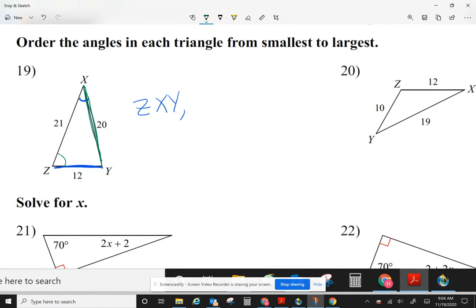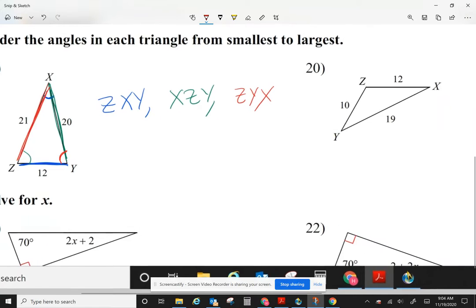So my medium angle will be XZY. Now my biggest side is 21. That means my biggest angle is ZYX. My biggest angle is ZYX, but if you call it XYZ, as long as Y is in the center, you're fine.